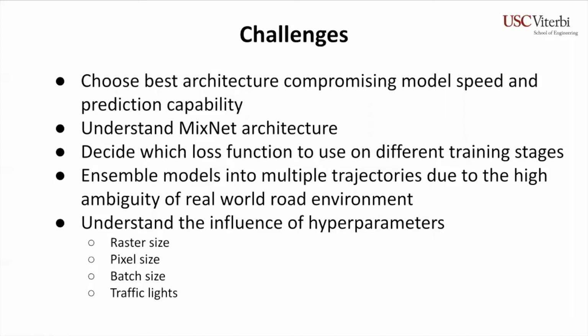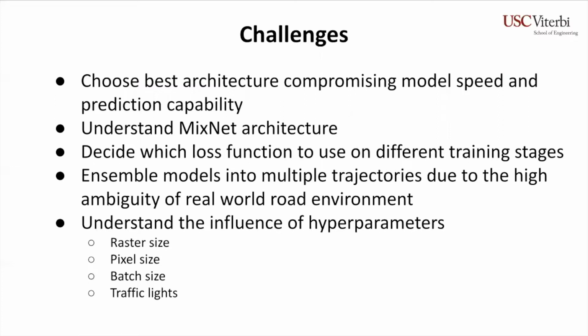The next challenge is how to understand Mixnet. We also want to decide which loss function to use at different training stages. Fourthly, the ensemble models are applied to produce multiple trajectories because the real-world road environment is full of ambiguity.